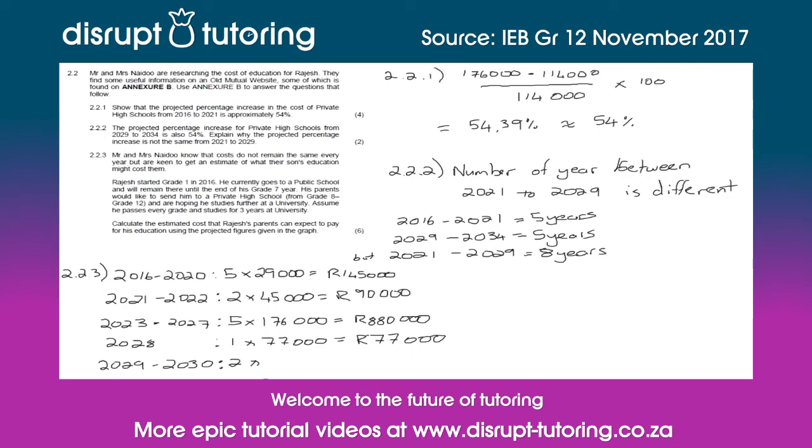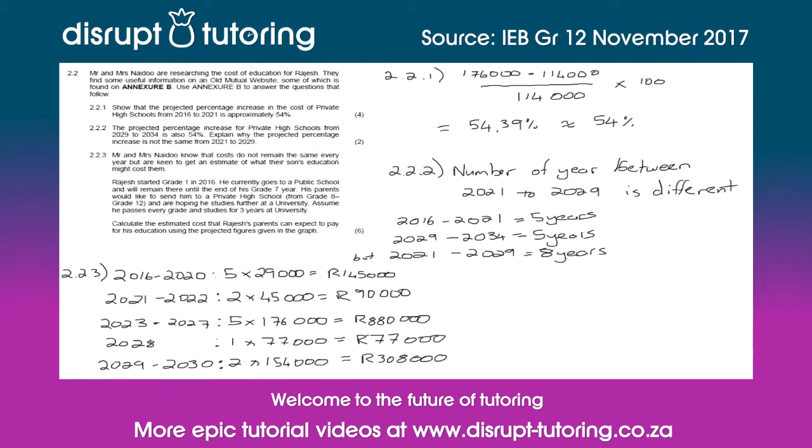So it's going to be 2 times 154,000, which equals 308,000 Rand. So this is the cost breakdown in the different periods of Rajesh's schooling career.